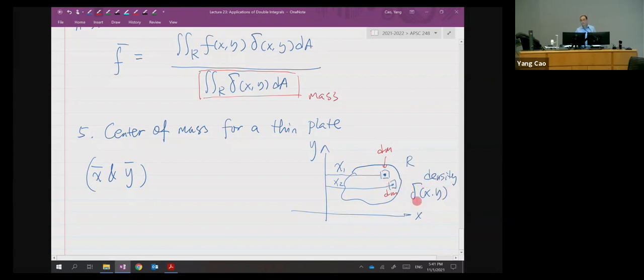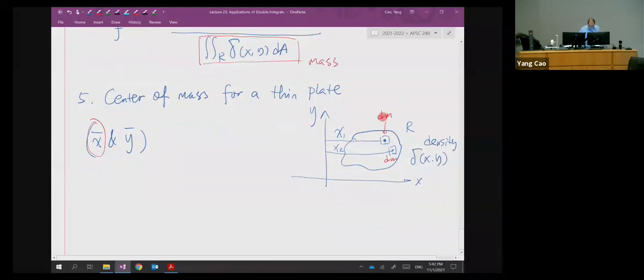So if I need the average, it becomes the weighted average. X1 is weighted by the mass at that location, X2 is weighted by the small mass at that location. If you get the weighted average, then you get this X bar here.